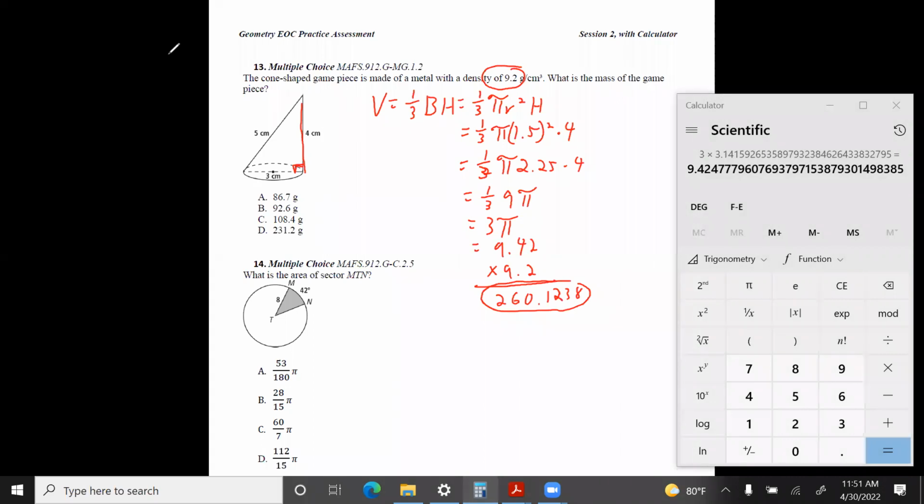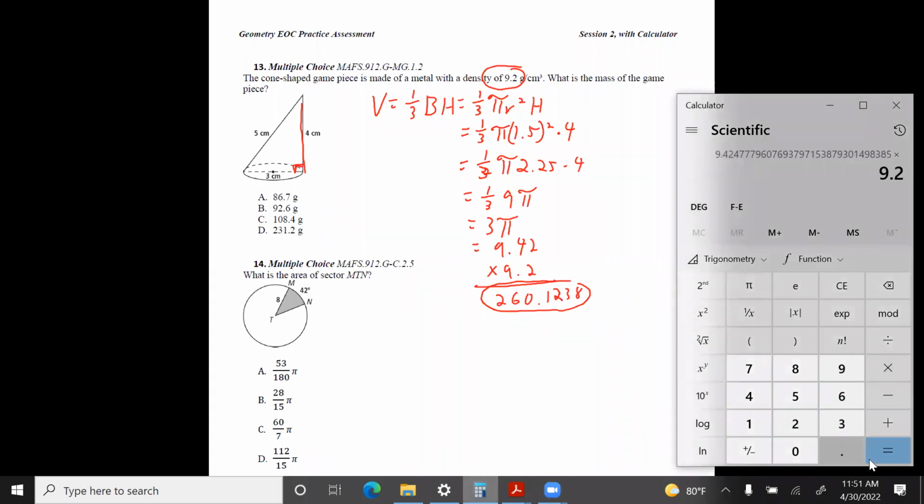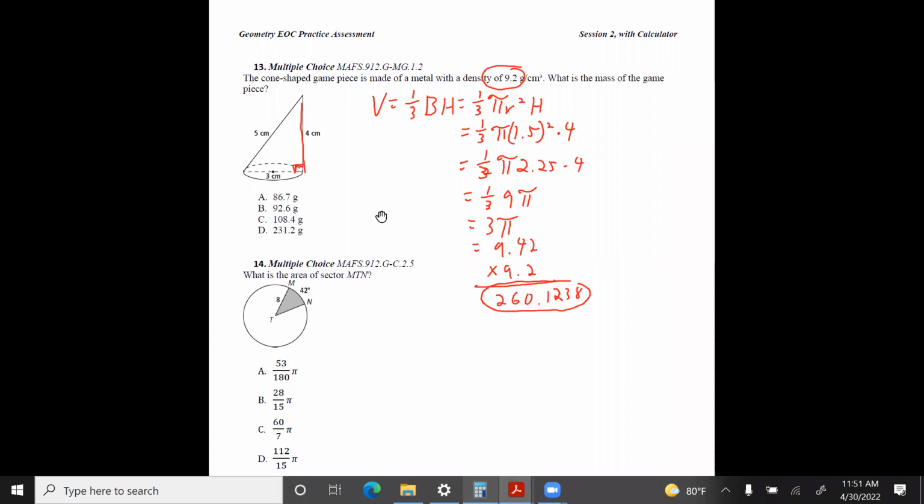And then that part times the 9.2 gives us a total of 86.7. And that's our correct answer. So erase this. Our answer is 86.7, which is A. All right. Next one's going to be 14.